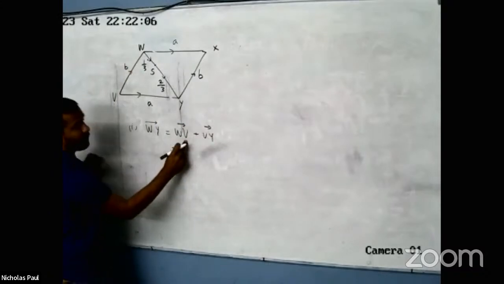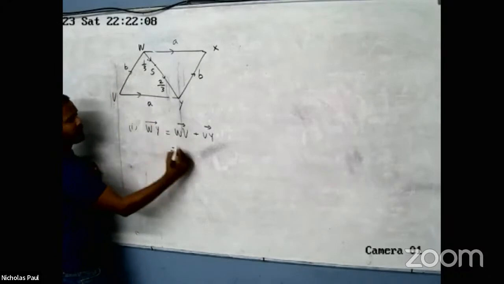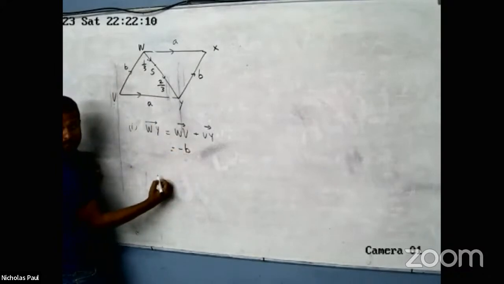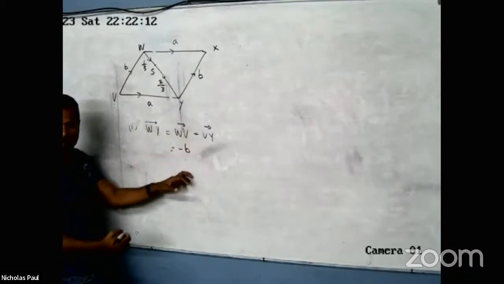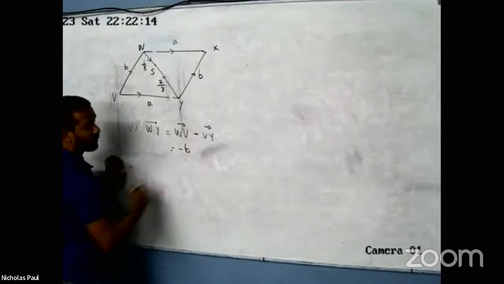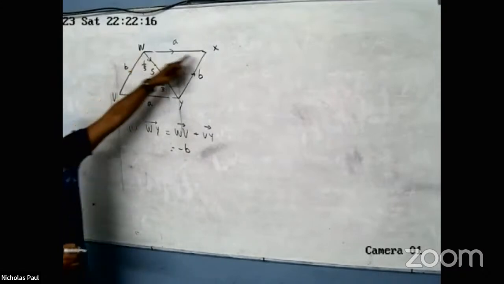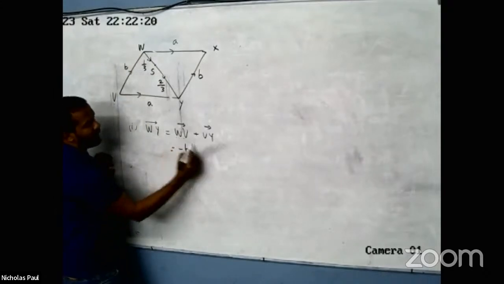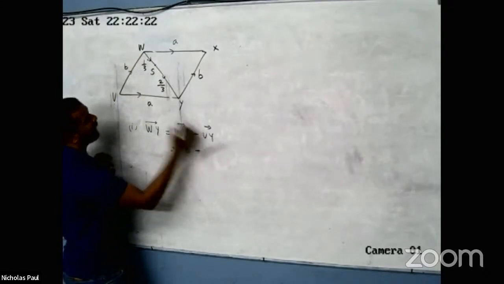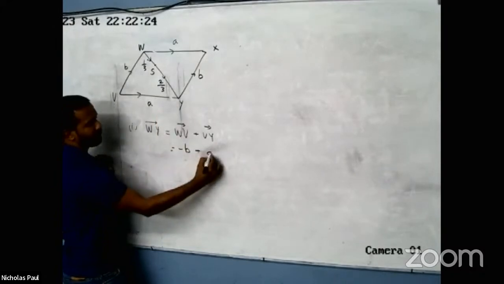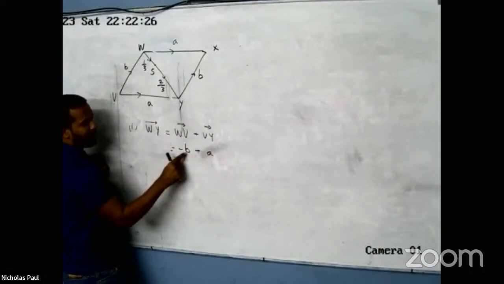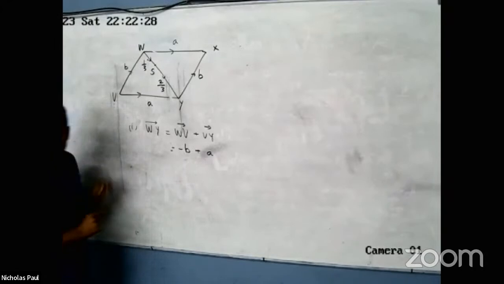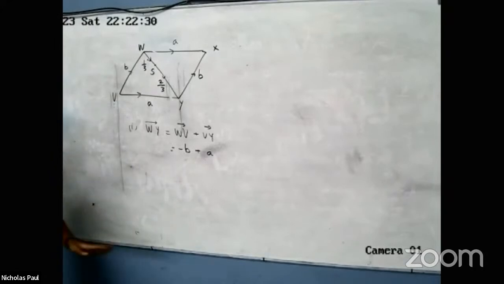So WB is against the arrow, so that's minus B. You can go WX, yeah, that can work. So WB plus BY. BY is A. So WY is minus B plus A. Same thing, A minus B.